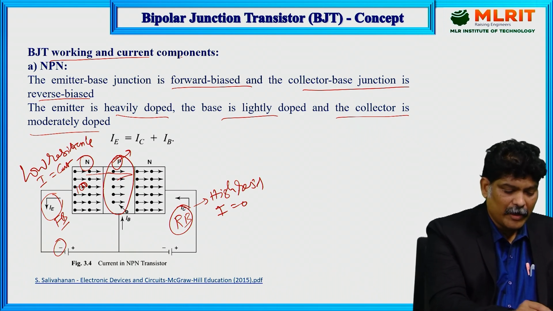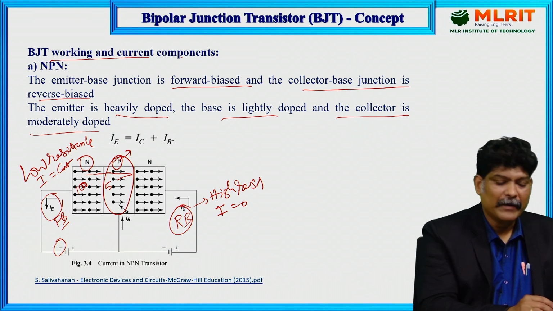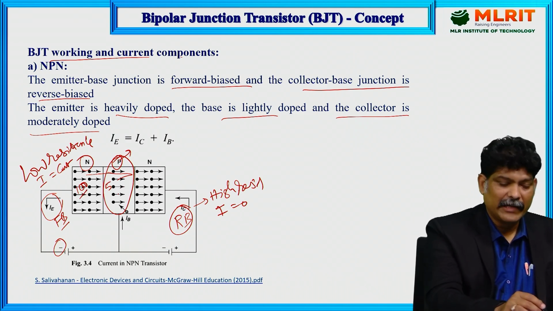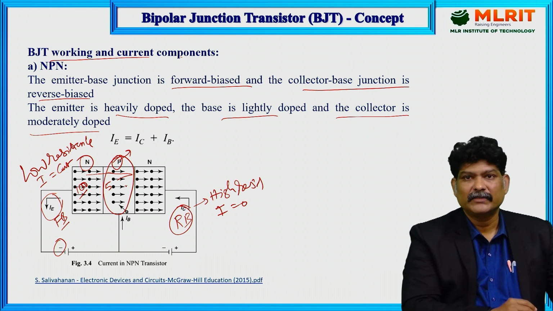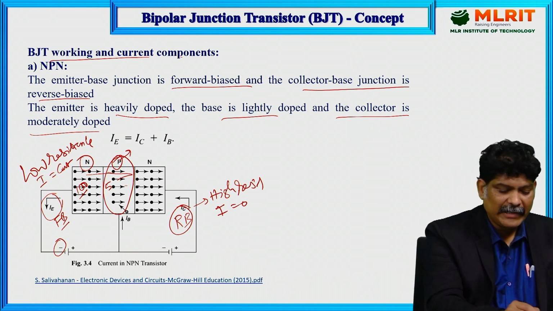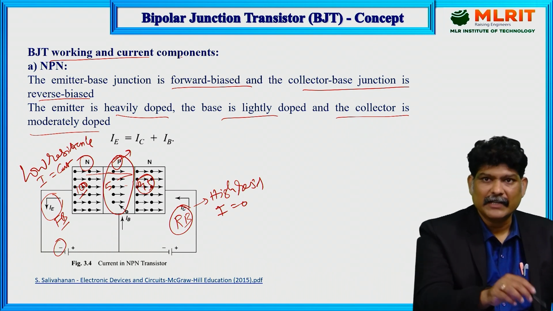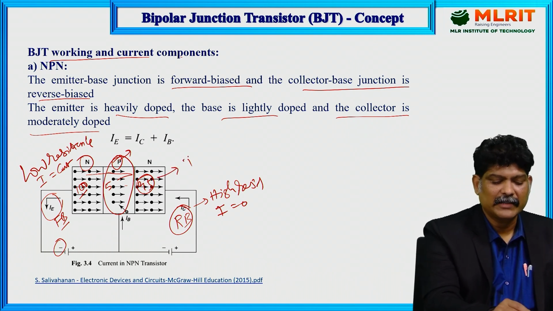Approximately 5% of the electrons will recombine with these holes in the base region. The remaining 95% enter into the collector region and that constitutes your collector current.